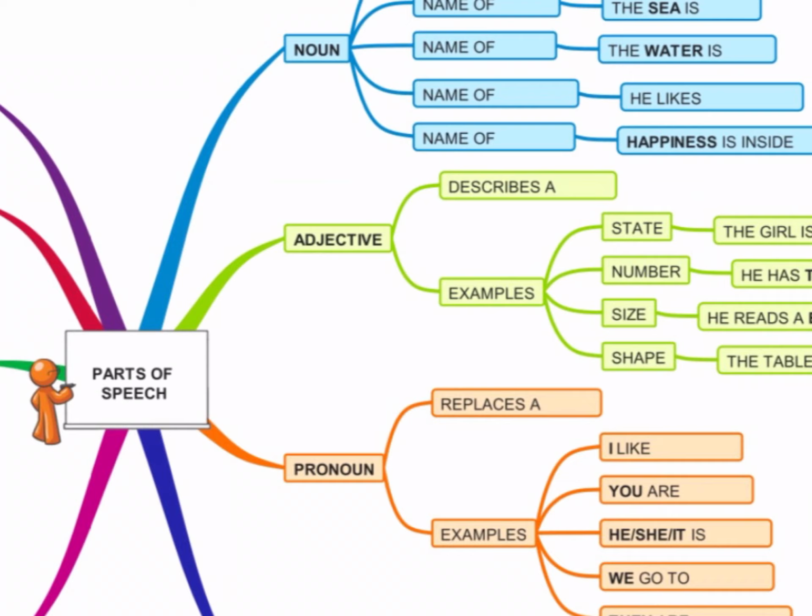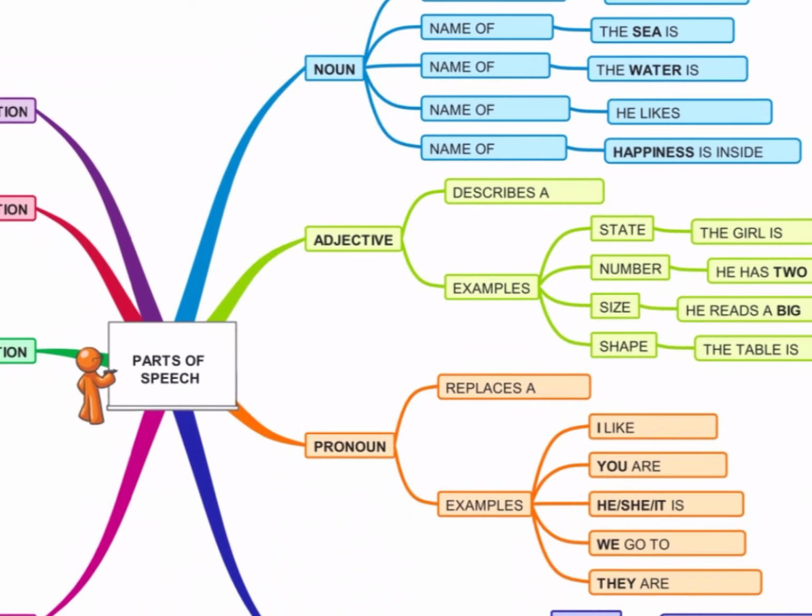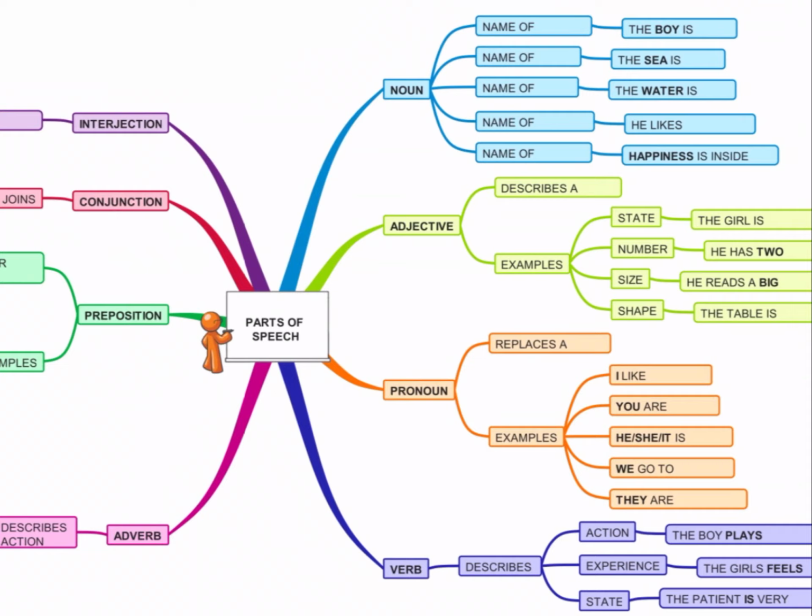For example, slow, intelligent, weird, lazy, etc. If we said the slow turtle, the word slow is describing the noun, which is turtle. Another example, if we said he is weird, the word weird is describing the pronoun he.